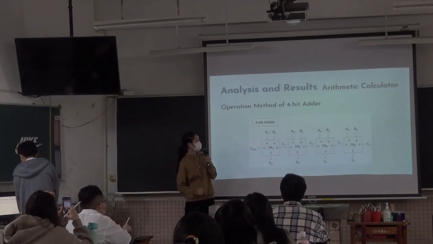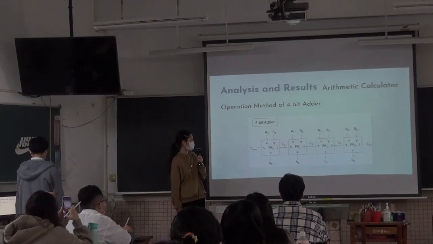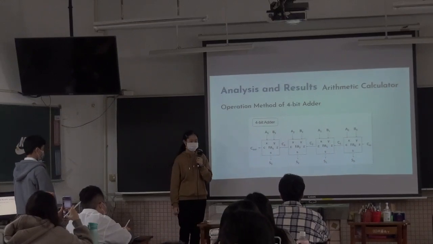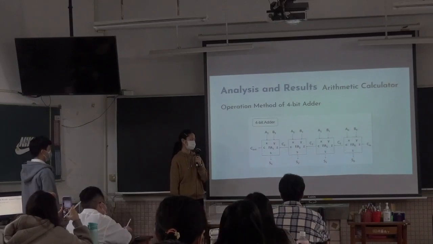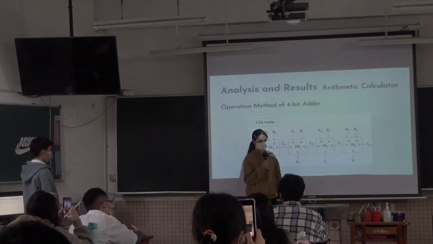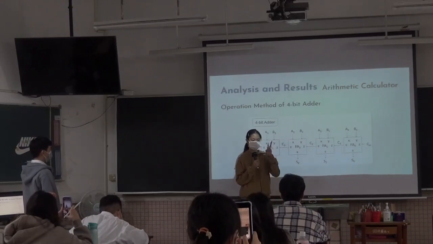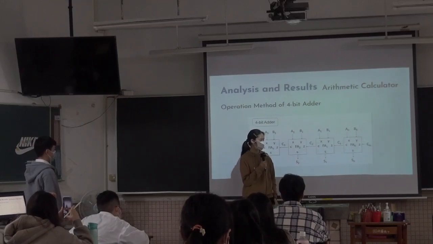And now I'm going to introduce the arithmetic calculator operation methods of the 4-bit adder. This part is a little bit complicated, so I hope everyone can understand it. This 4-bit adder is used to calculate two four-digit numbers.